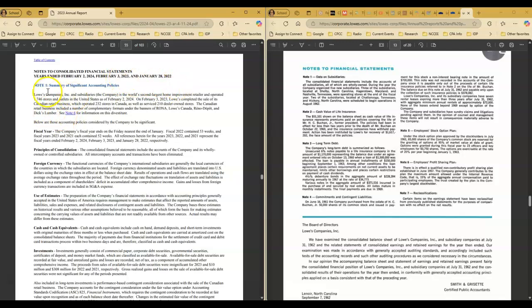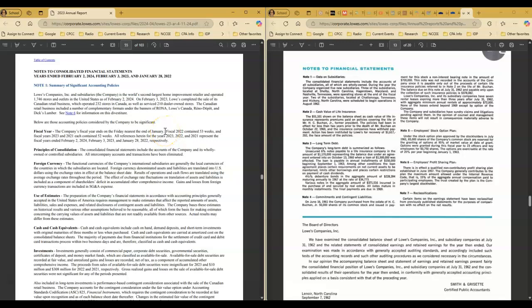So notice what's happening there. Note 1 says summary of significant accounting policies. Every set of financial statements has to start with that note because they're going to tell us all kinds of things like fiscal year. The company's fiscal year ends on Friday nearest the end of January.